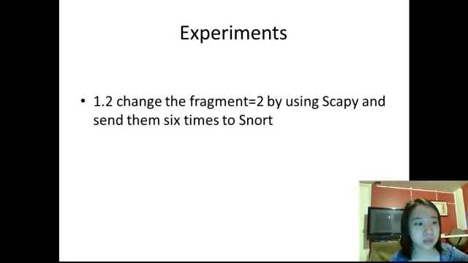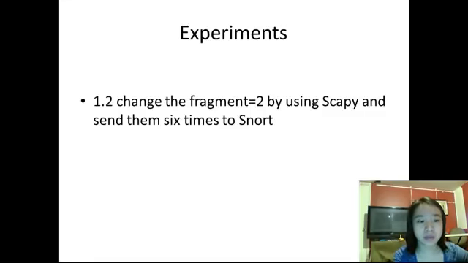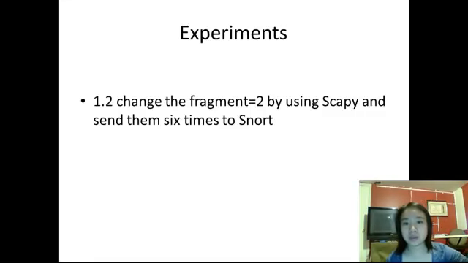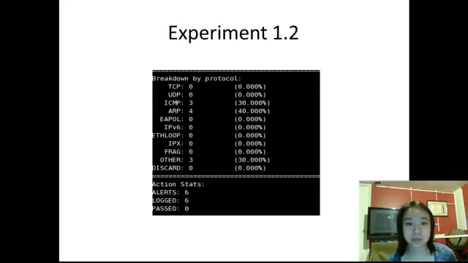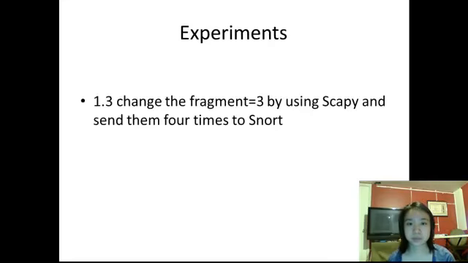In the second experiment, I change the packet fragments equal to 2 by using Scapy and send them 6 times to Snort. The result is that Snort can detect all of them with alerts. We can see that Snort detected 6 alerts.